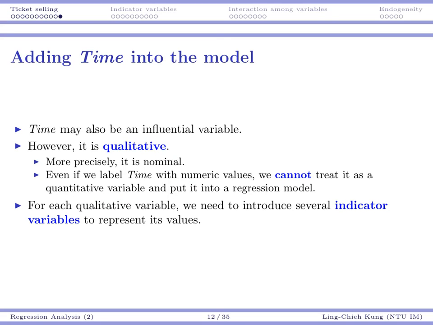If we do that, it will be problematic. So for a qualitative variable, what we want to do is to introduce something called indicator variables to somehow represent the values. So in the next video, we're going to tell you how to include a qualitative variable in our regression model.